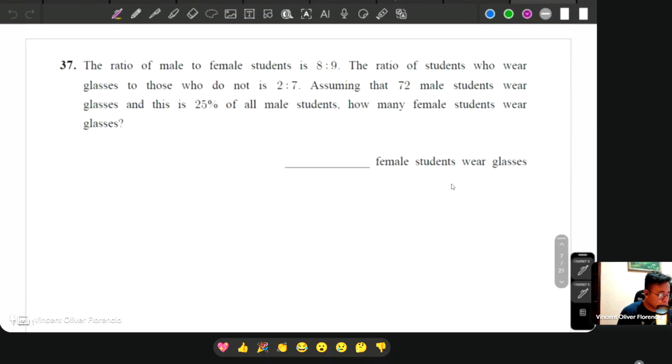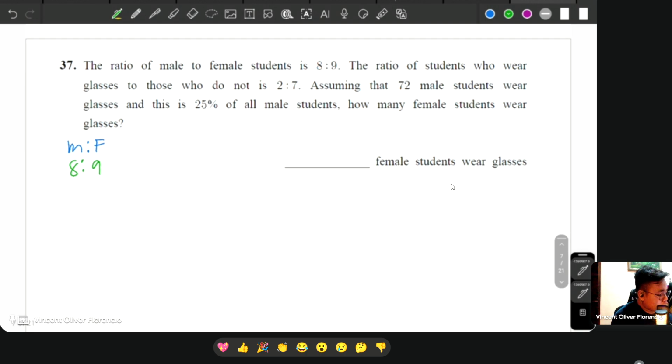Read first the question, please. You can pause the video first, and then now let's answer already. Let's say we have here, the given will say that the ratio between male to female is what again? 8 is to 9.